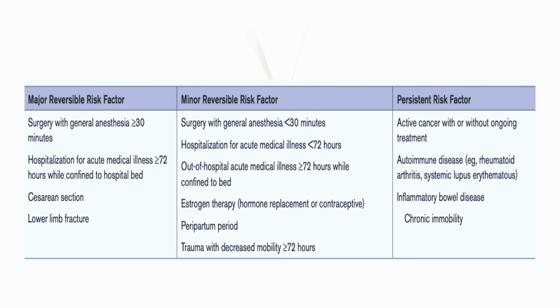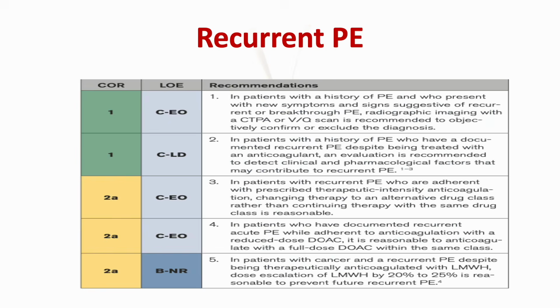For minor reversible risk factors, for a short surgery and PE, for out of hospital acute medical illness, you may not give them extended phase. But for persistent risk factors like active cancer or autoimmune disease, you may have to do that.